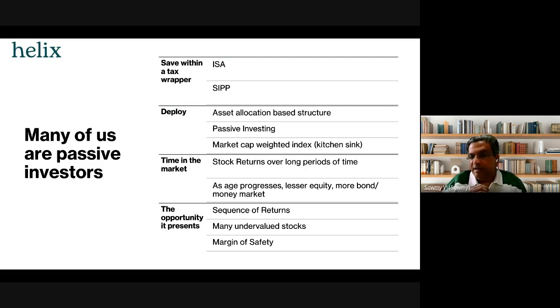Now, by understanding this, what you can really do is weaponize it, right? And this is how most active managers look at the market, and they are able to generate alpha consistently. If you just go back and look at what Warren Buffett says, his whole investment philosophy is based on identifying undervalued stocks.